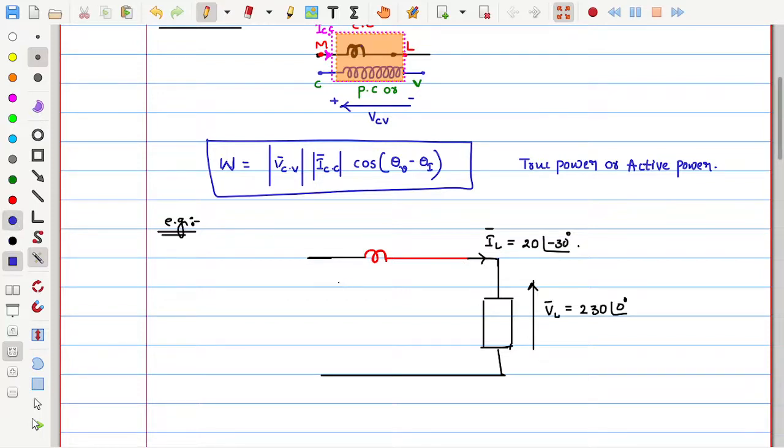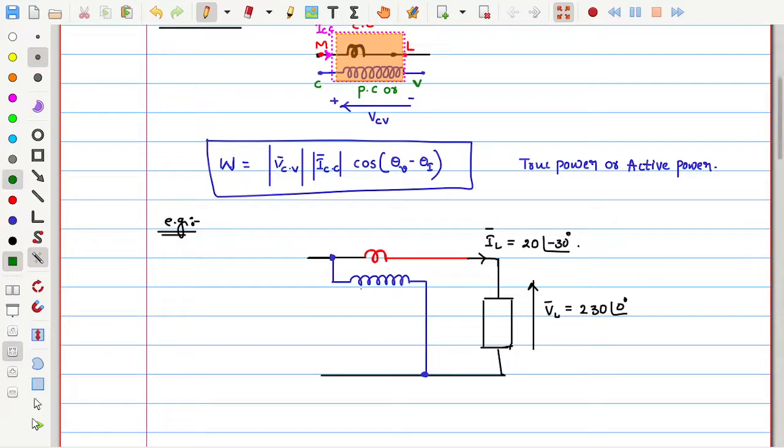And let us connect the voltage coil in parallel to the load where we need to measure the voltage. Now, where do I need the voltage? Voltage I need across this load. So from here to here I can join.